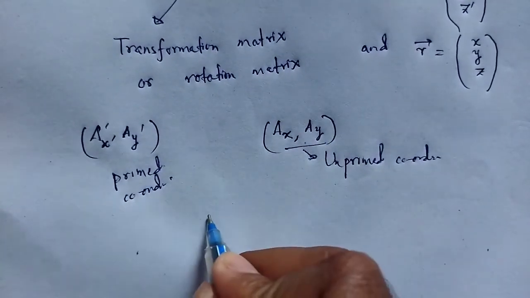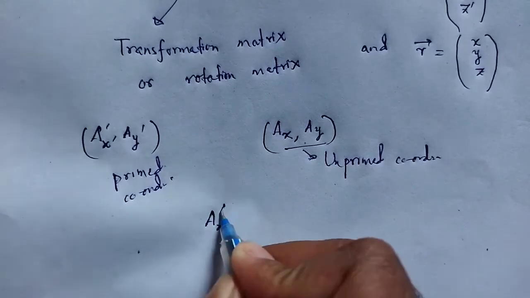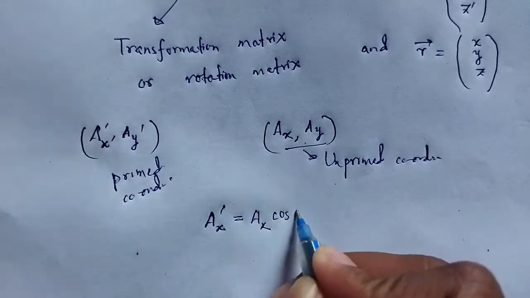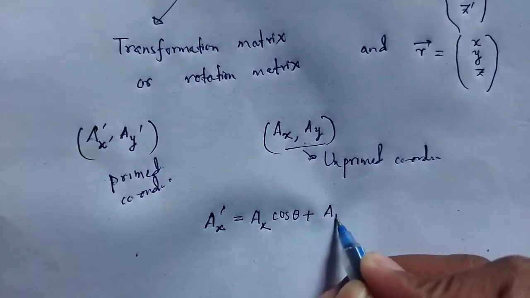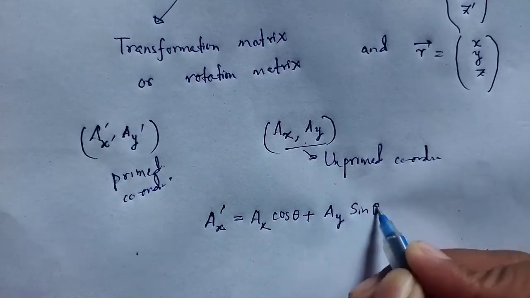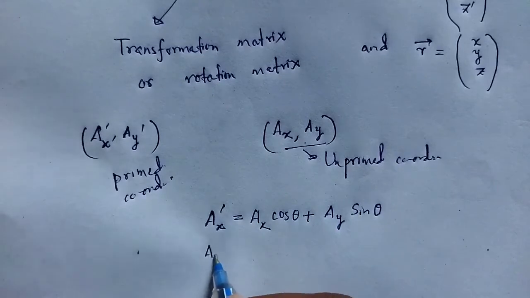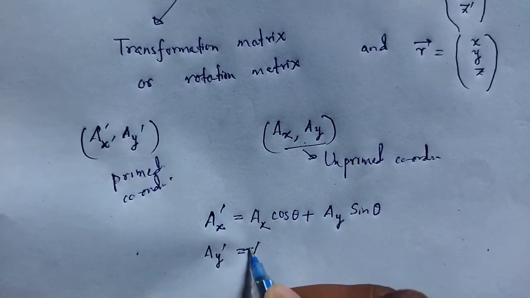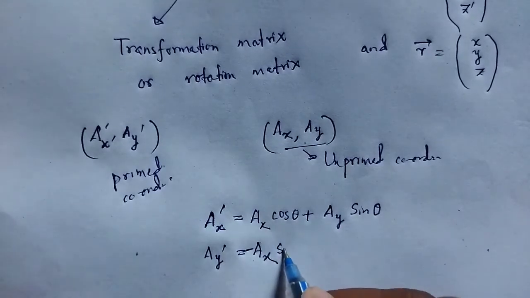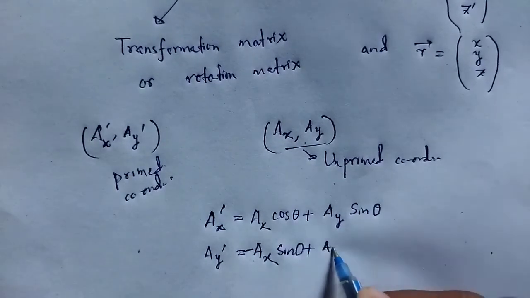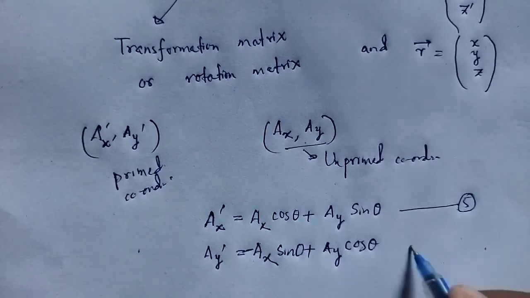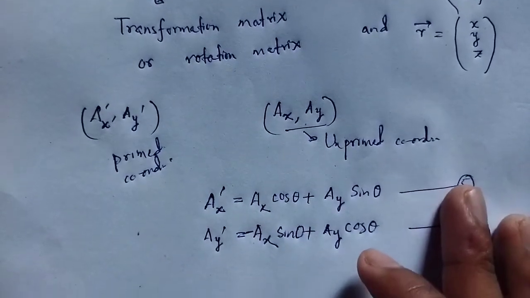So, we can write it in the components form. See, Ax dash is equal to Ax cos theta plus Ay sin theta, and Ay dash is equal to minus Ax sin theta plus Ay cos theta. So, equation number 5 and equation number 6.